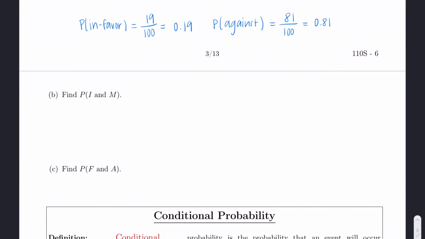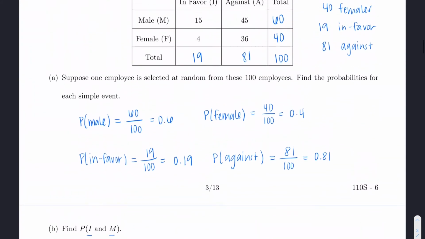For these next 2 examples, I used shorthand notation where instead of writing out in favor, I put I, and instead of writing out male, I put M. This one is asking us to find the probability that one person is both in favor and is a male.